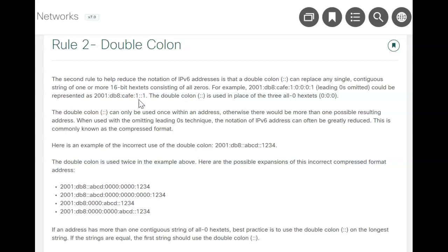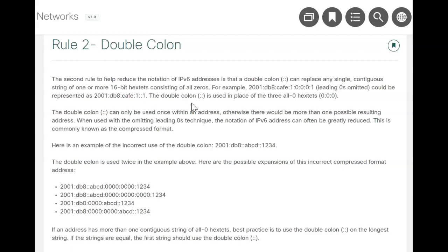So what you do is you put the double colon, and that removes all of those hextets. But remember, this double colon can only be used once in an address. So just keep that in mind. It can only be used once.